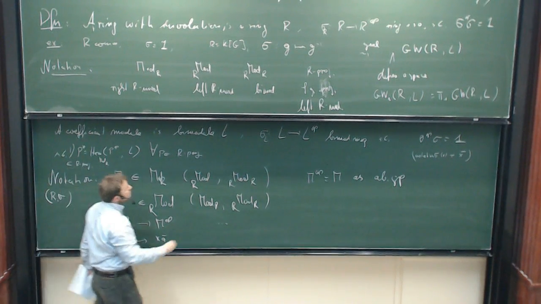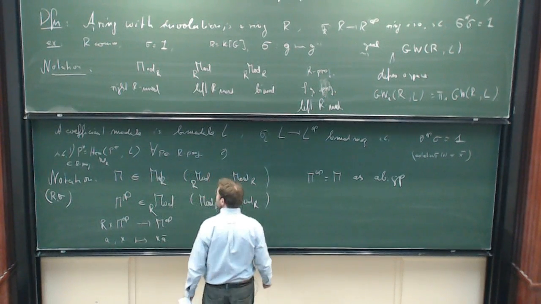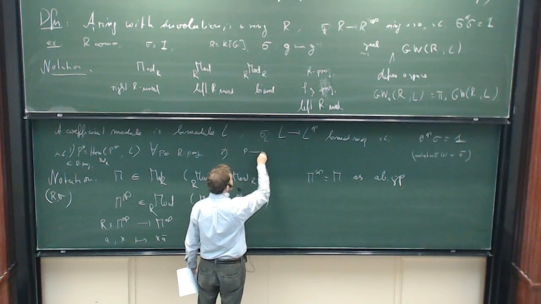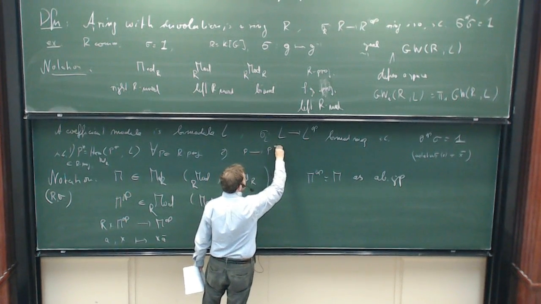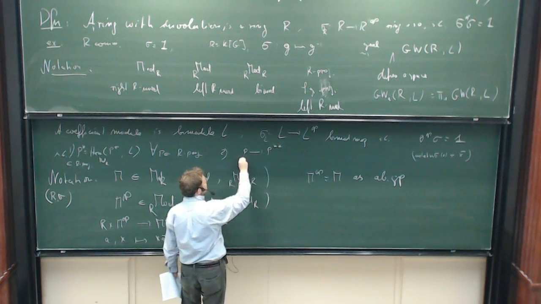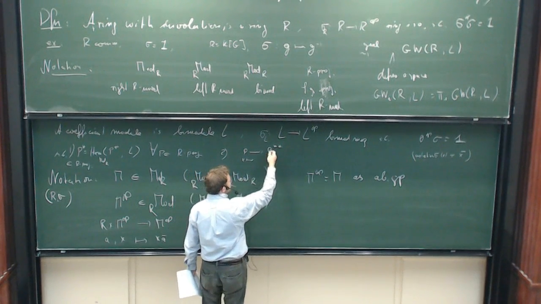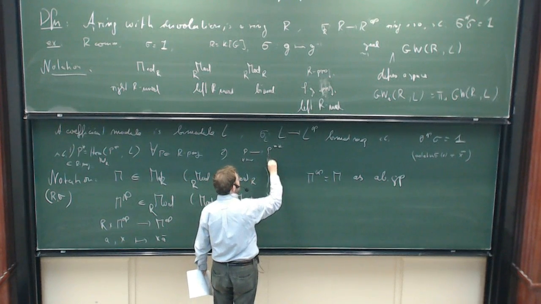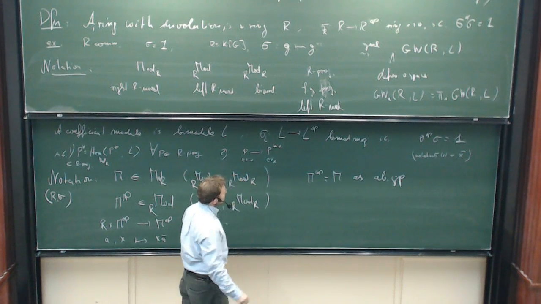And two, we also want the canonical map to its double dual, which sends every x to a homomorphism from Hom to L, so you can evaluate at x.